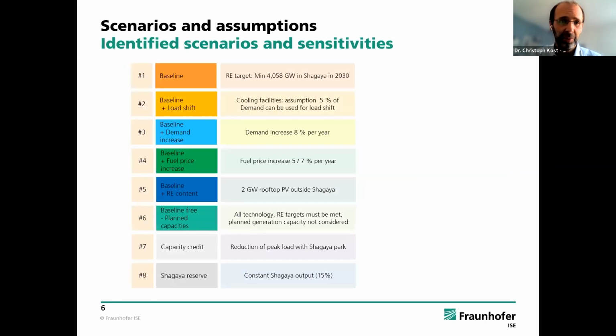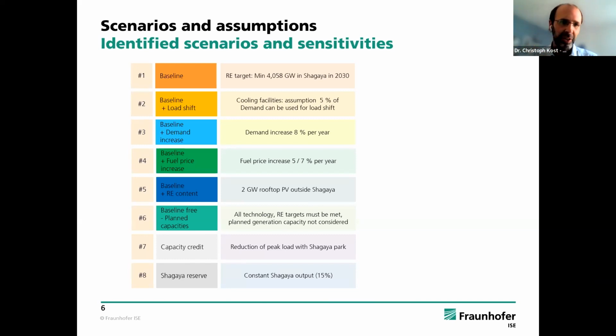On the scenario side, most of the scenarios have a minimum target for renewables in the Shagaya Park of about 4 gigawatts, and a restriction on land use in square kilometers, which has to be covered as a maximum. Then we have some changes in demand and in fuel prices.